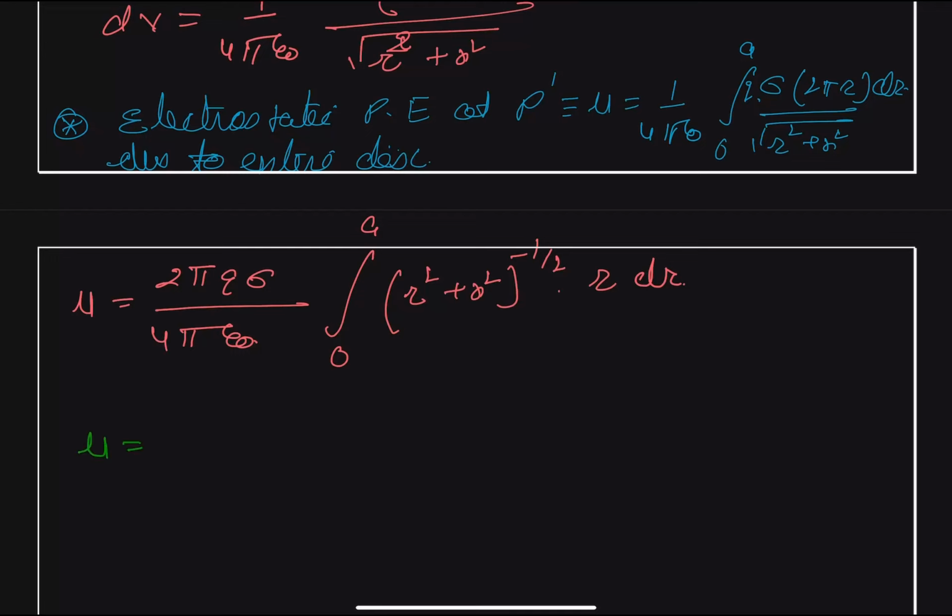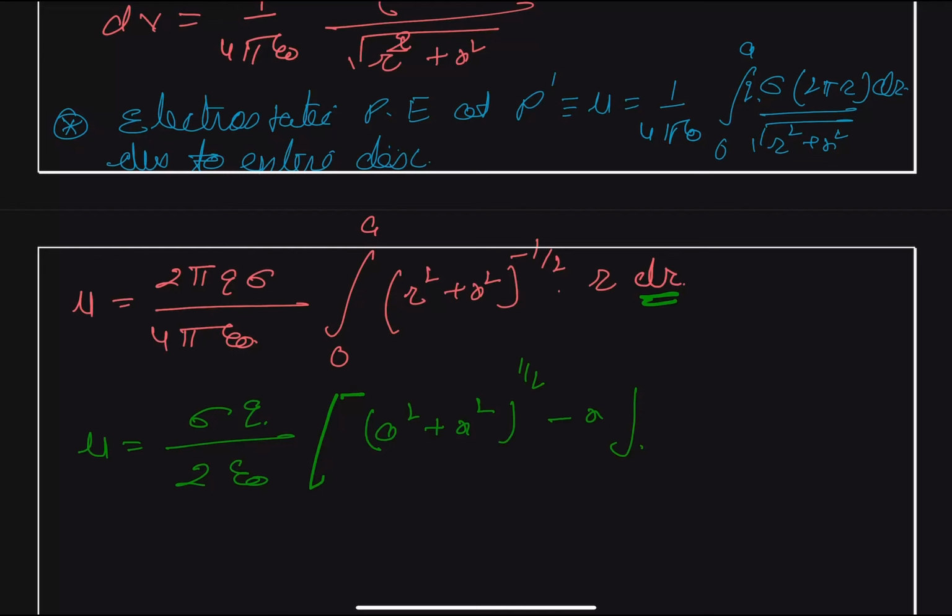So we get U is equal to sigma q divided by 2 epsilon naught, and this comes as, over a, (a square plus x square), sorry, a square plus x square, because the derivative is our r, whole raised to power 1 by 2, and minus x.